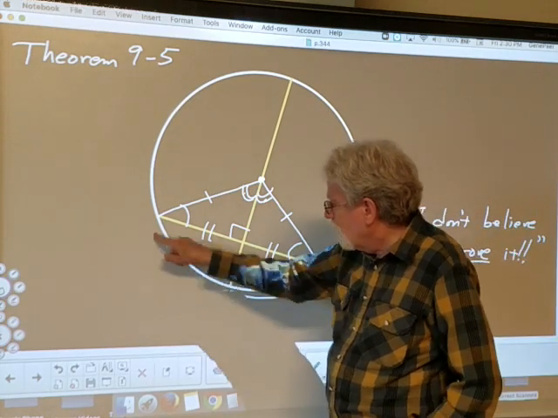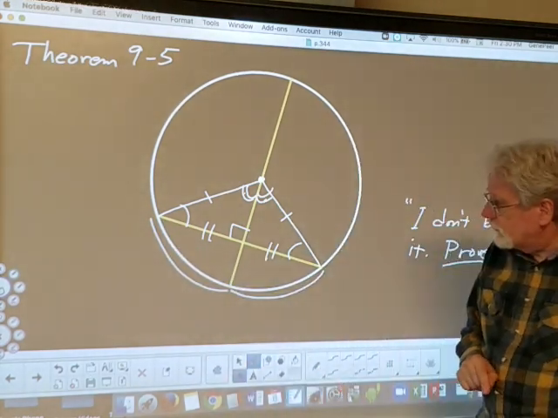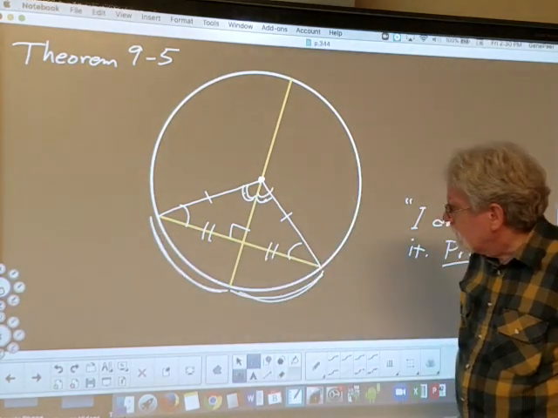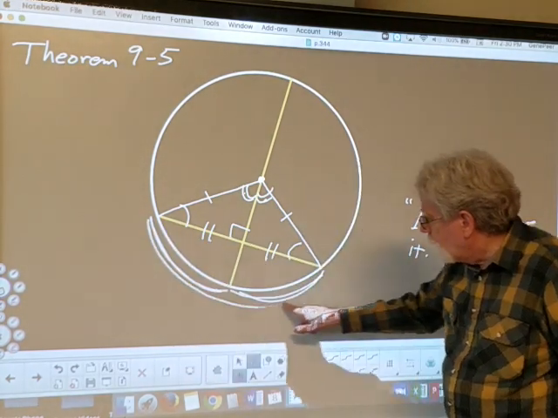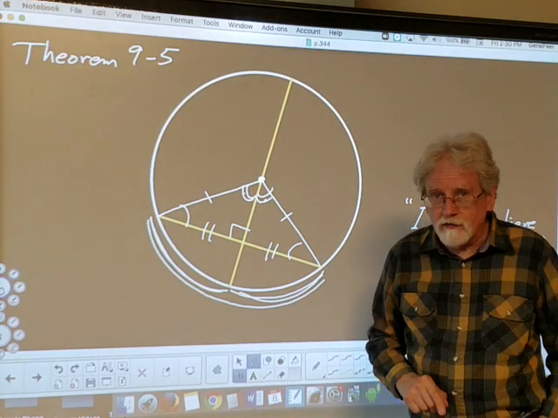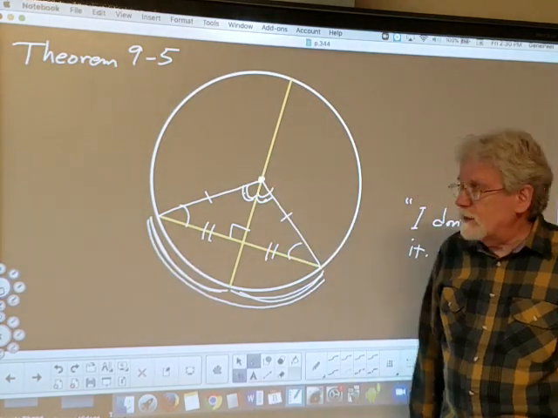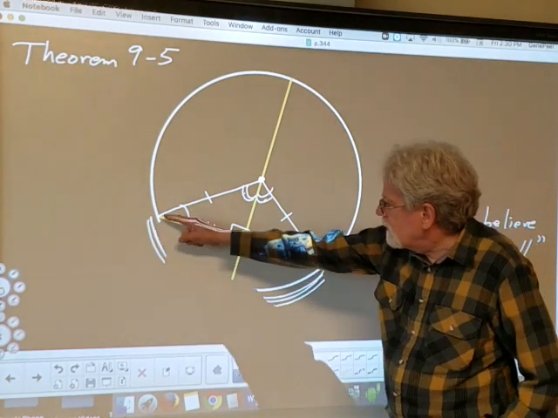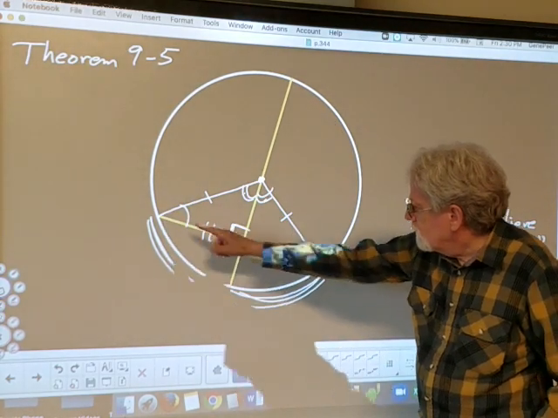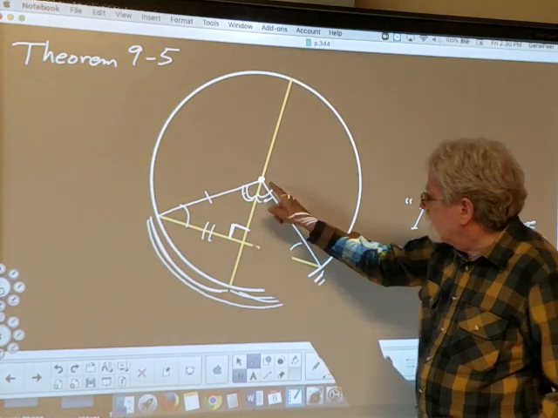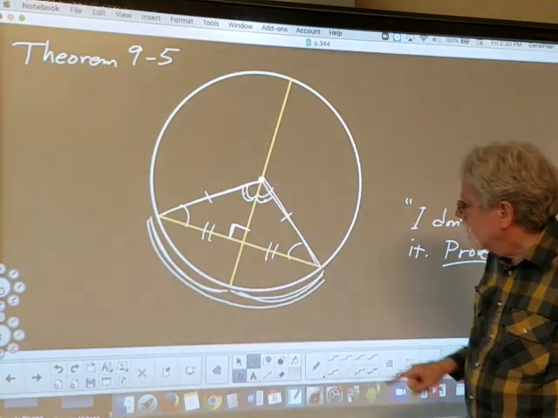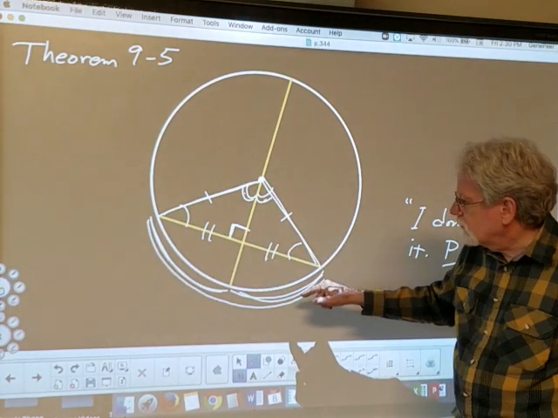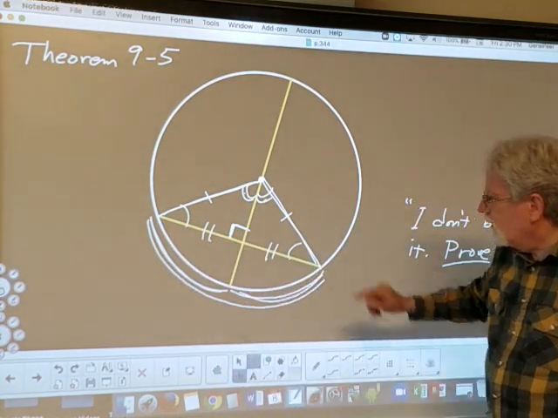These arcs must be congruent. So if the arcs are congruent, then that means that this arc has indeed been bisected. We just proved both parts of Theorem 9.5. That a diameter, when it is perpendicular to a chord, by throwing in these two radii, we're able to prove that the chord has been bisected and the arc has been bisected.